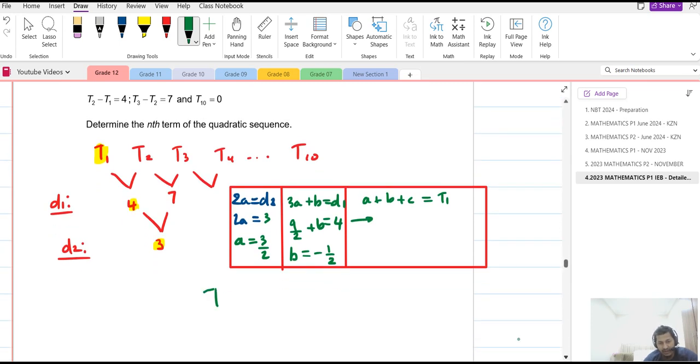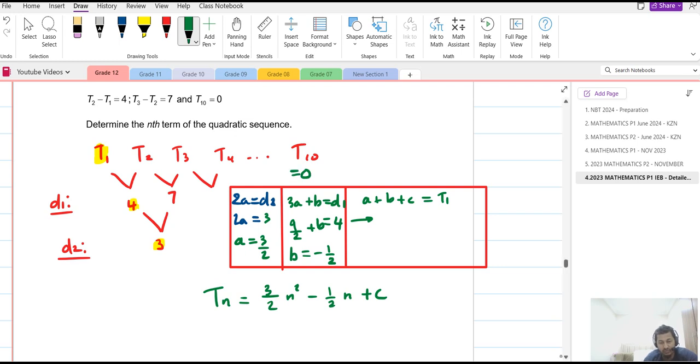We have the Tn formula, which is an squared plus bn, so 3 over 2 n squared minus half n, plus c. We don't have the value of c because we don't have term 1. But we do have term 10. Remember, term 10 is 0.